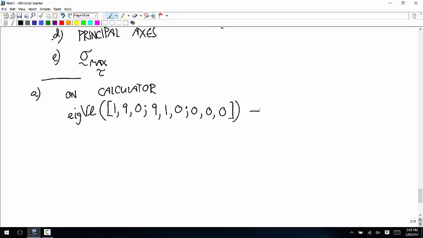And it'll just spit out these three values, 10, -8, 0. So in order from maximum to minimum, that's 10, 0, -8. Done.